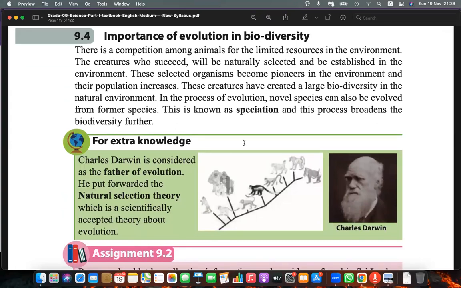The specialization happened because of this evolution. So starting from the beginning, it can be divided into different branches. So amphibians, arthropods, mammals, different animals began. So Earth became colorful and biodiverse because of this evolution.